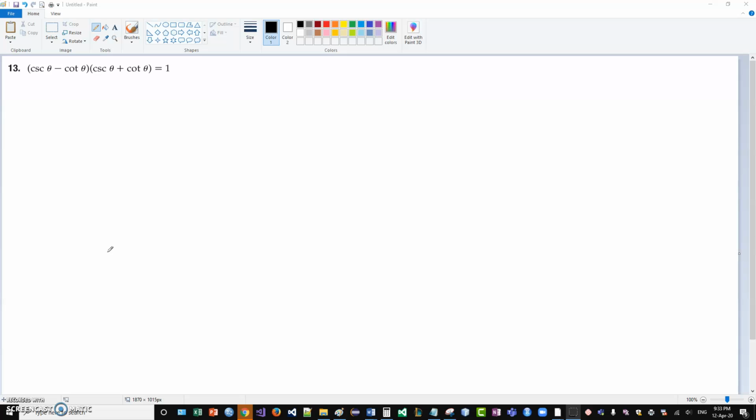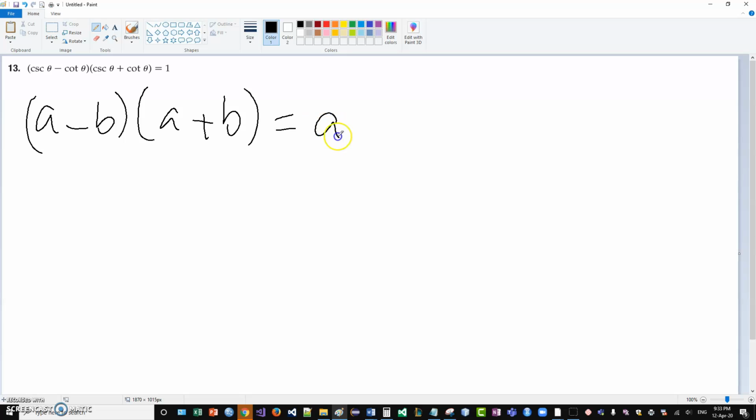Alright, let's do one more exercise. Cosecant theta minus cotangent theta multiplied by cosecant theta plus cotangent theta equals 1. Now, as you can see, this is like a minus b times a plus b, which equals a squared minus b squared.